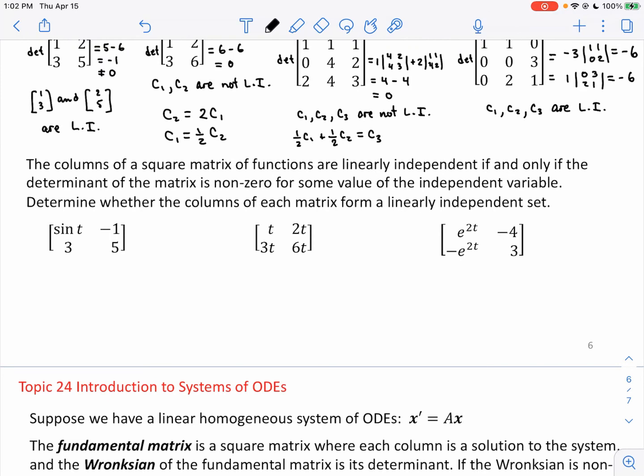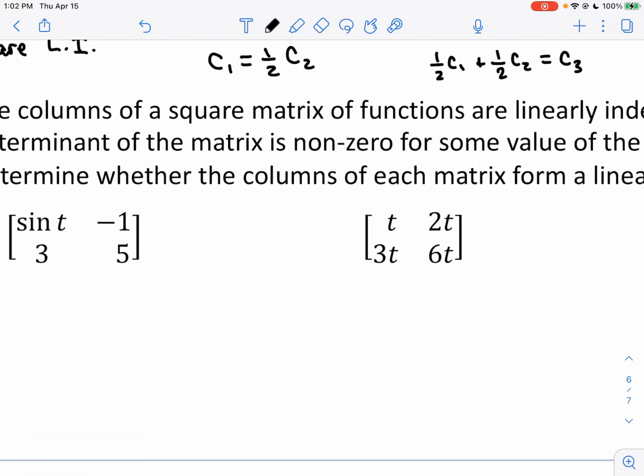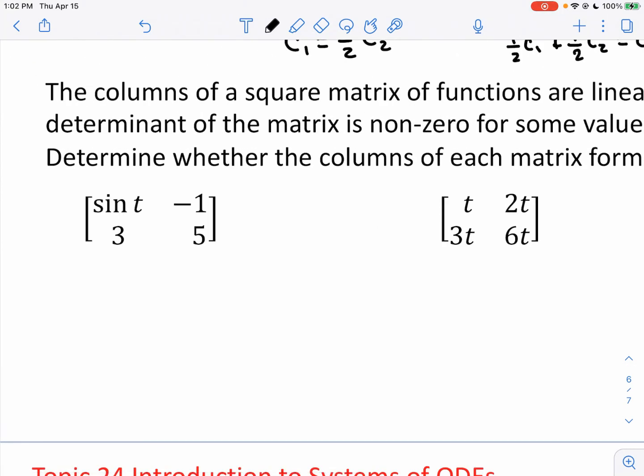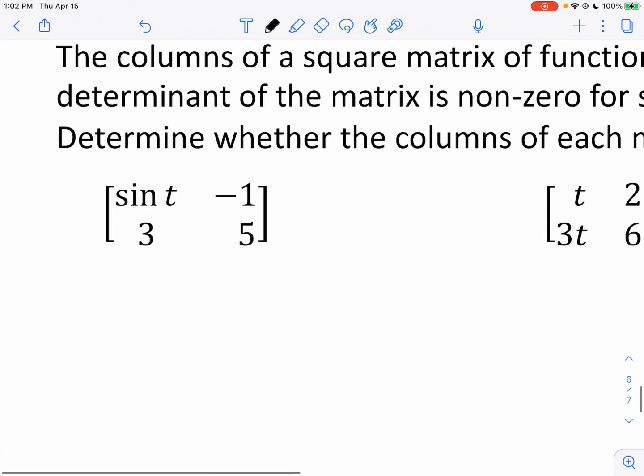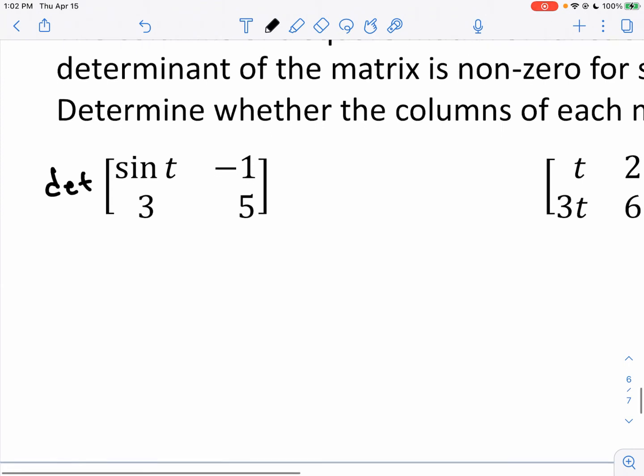Determine whether the columns of each matrix form a linearly independent set. So we're just going to do this by using determinants and determining if the resulting determinant, which should be a function of t, is always 0 or sometimes not 0. So when I do the determinant of this first 2 by 2, we do sine t times 5, so we get 5 sine t.